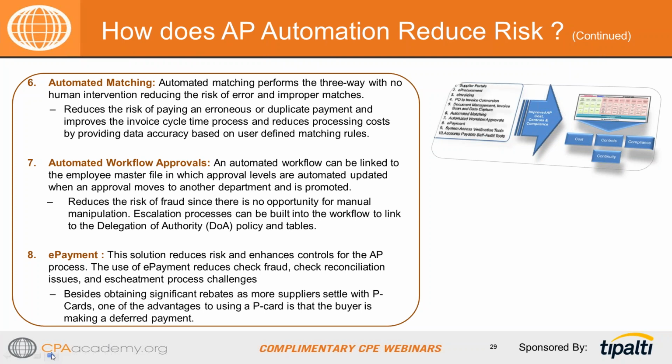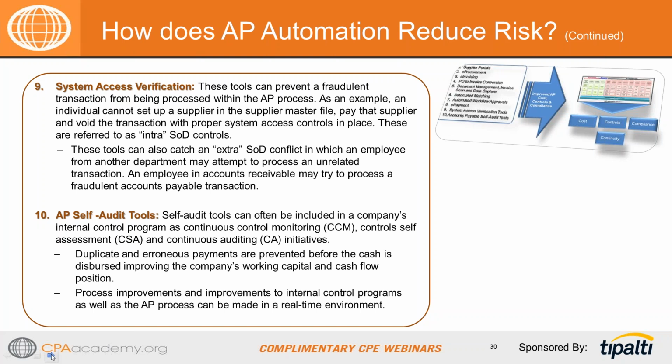All right, the last two we're going to take a look at from our list: system access verification. System access verification is a great tool because you can actually build in controls around extra and intra SOD controls, and you can catch somebody that shouldn't have the system access that they do inside your department.